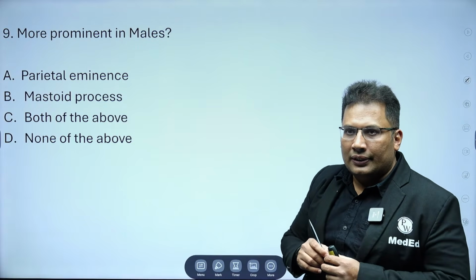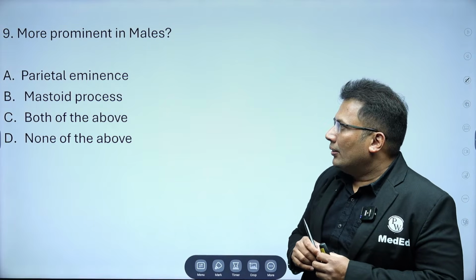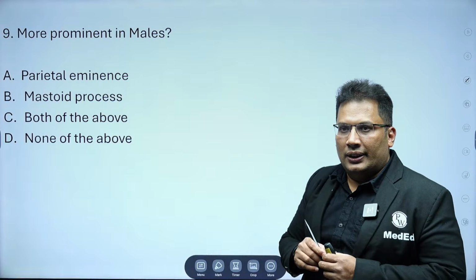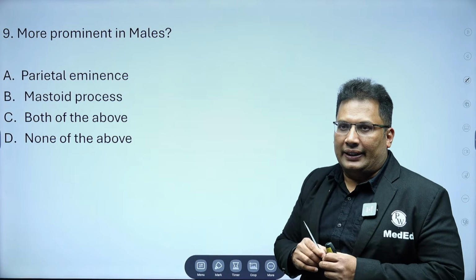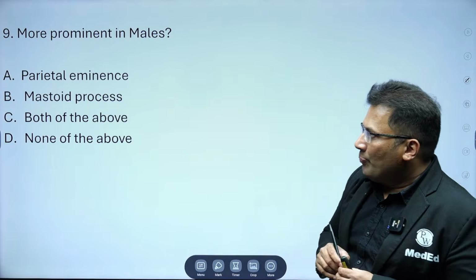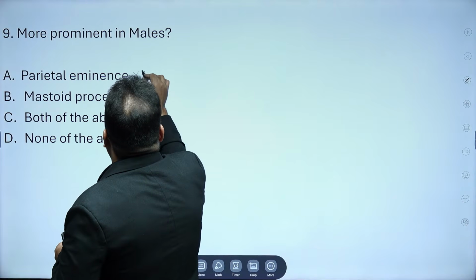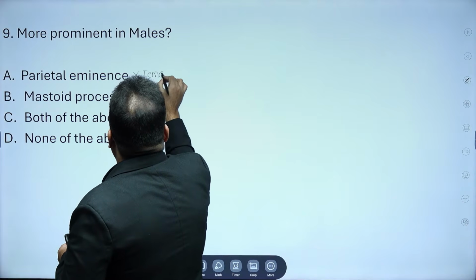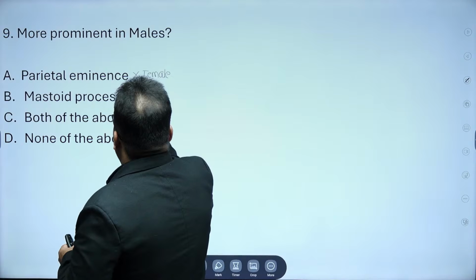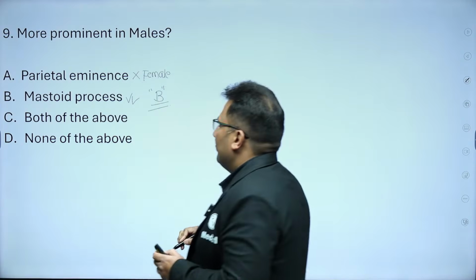Okay. Alka Kumari is telling C, both of the above. Dhruti is also telling C. Okay, let's see what the answer is. Parietal eminence is prominent in females. As per my knowledge, a very important question. The answer is only B. Only B.